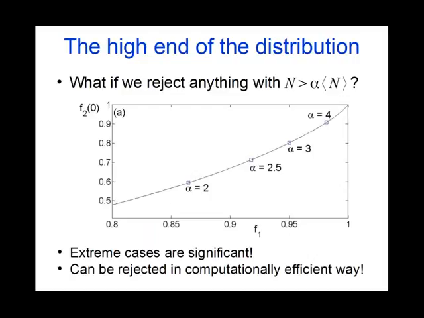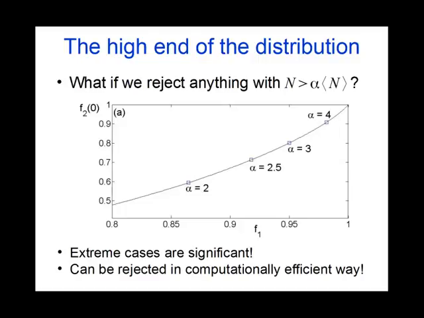Now, what if we were to work at the high end of the distribution? Before I was talking about the very high contrast images where one of the molecules is producing 2 photons and the other is producing 2,000. But what if we toss out anything at the high end where the total photon count is greater than alpha times the mean?